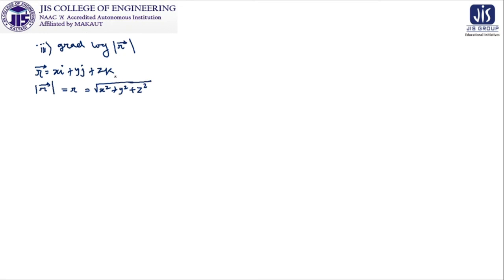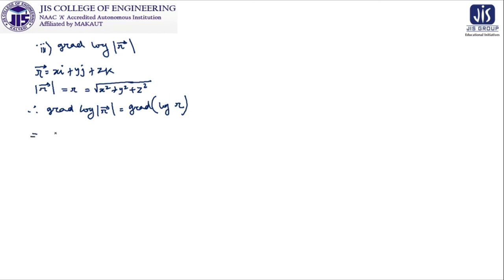We know that the distance of this position vector from the origin will be this. So if our target is to find out the gradient of log of mod of vector r, it is nothing but the gradient of log of r, because mod of vector r means r.